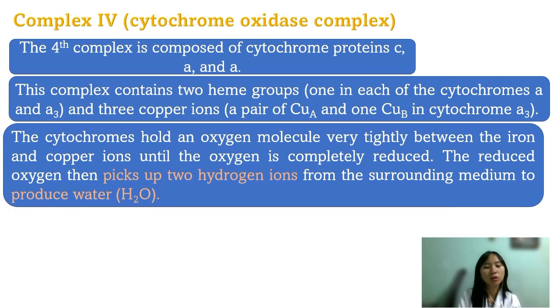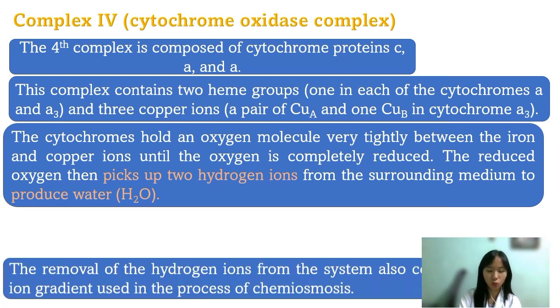The cytochrome holds an oxygen molecule very tightly between the iron and copper ions until the oxygen is completely reduced. When oxygen is reduced, it picks up 2 hydrogens from the surroundings, producing water, H2O.